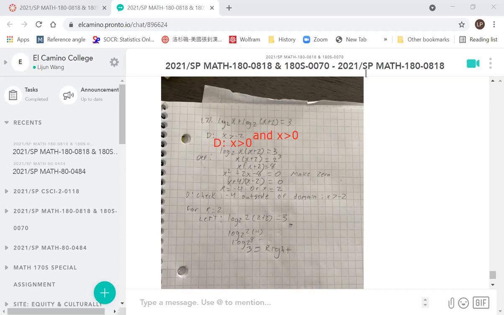So let's check the rest of your work. You use the product rule. That's very good. And then you apply the definition correctly. Very good. And then you rewrite it and make it 0. Wonderful. Factor, solution, and -4 is outside the domain. Perfect.